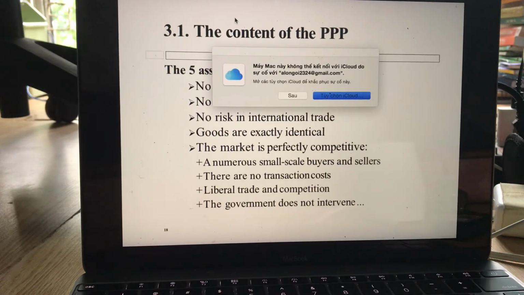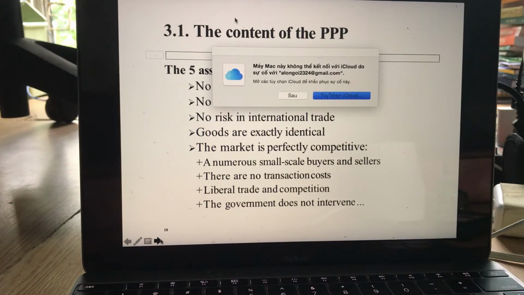So that's the price taker, and that's the main feature of perfect competition. You may know this from microeconomics, right? And we make these 5 assumptions, okay?